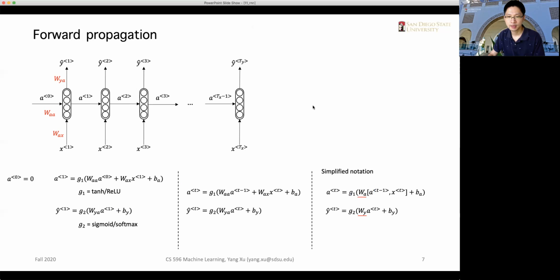Another thing is that the activations are usually much smaller than the input vector. If we represent the input vector as a one hot vector, then it is very large, right? It has 10,000 dimensions, because we have 10,000 unique words in our vocabulary.